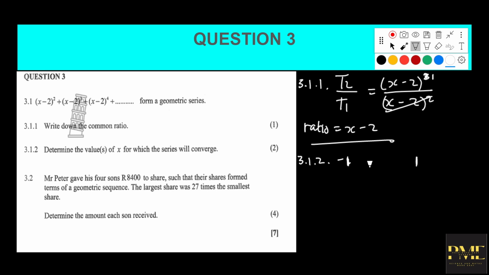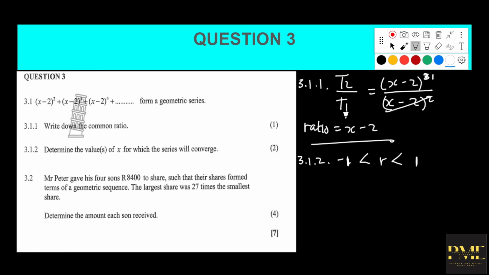So how do we express a range in mathematics? We write our small figure on the left hand side, put our less than, put our ratio in the middle, put our less than, and then put our bigger figure on top. So for a series to converge, our common ratio must be between -1 and +1. So to determine the values of x for which the series converges.